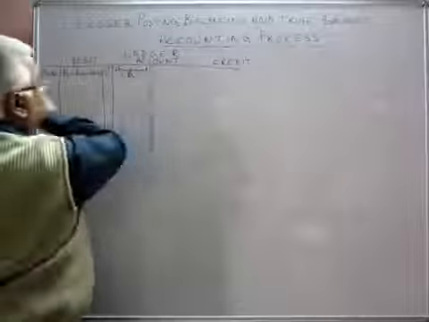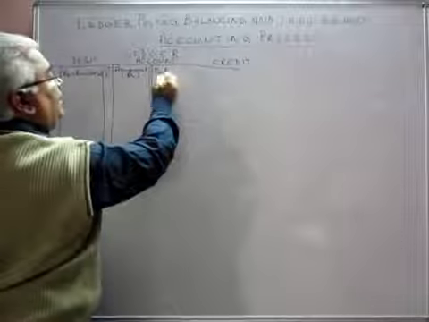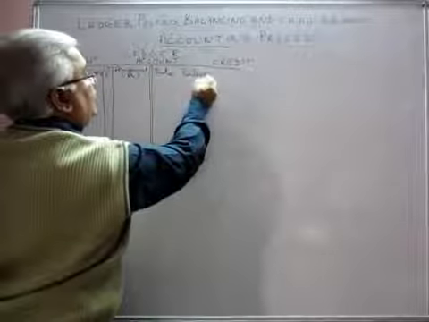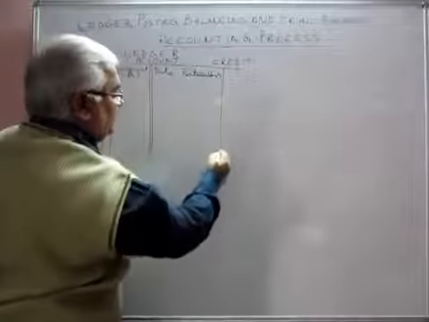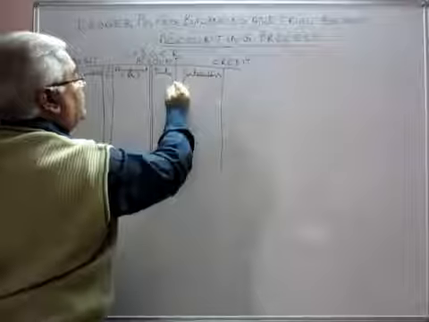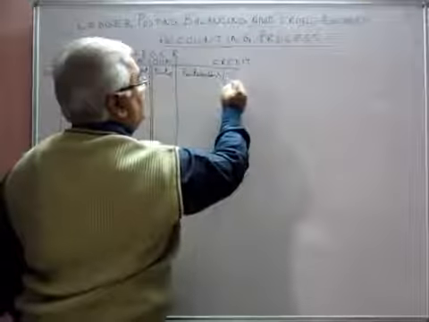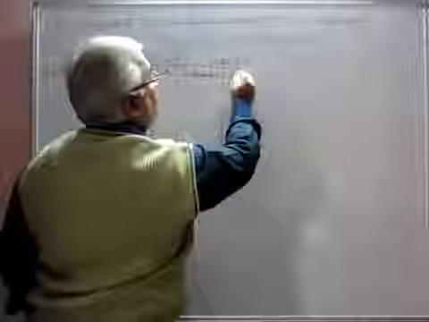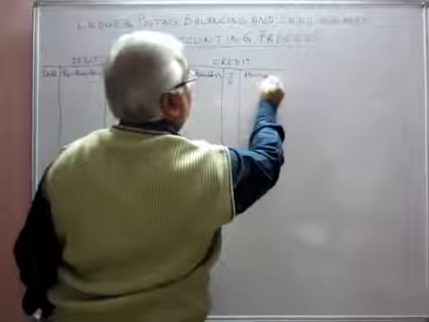Again, for the credit side, same items: date, particulars, journal folio, and then you have amount.